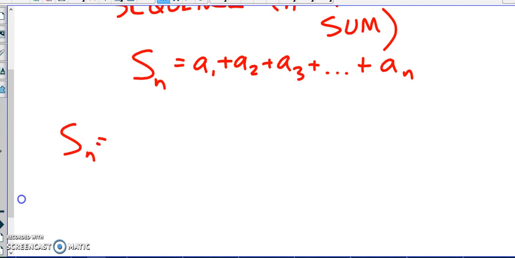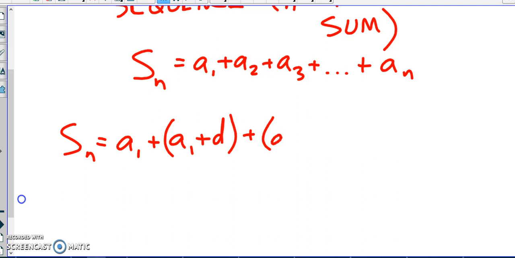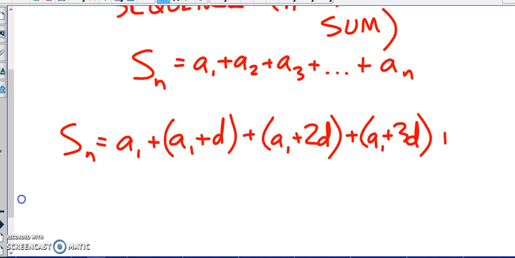Another way I could write it would be A1 plus A1 plus D plus A1 plus 2D, because that would be A2 and A3, plus A1 plus 3D, plus ... plus all the way up to An, right?